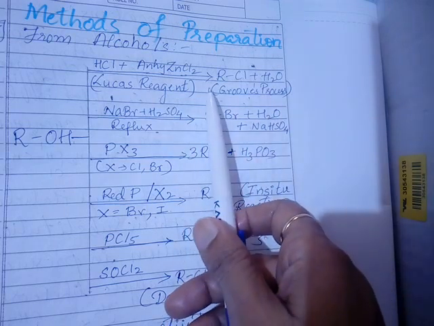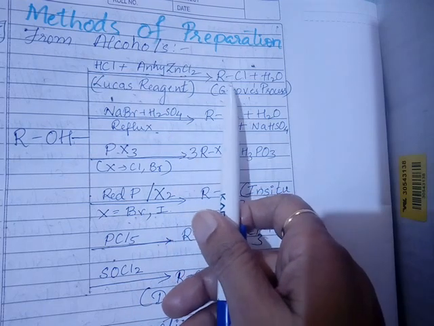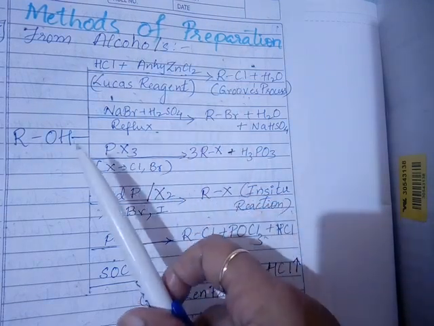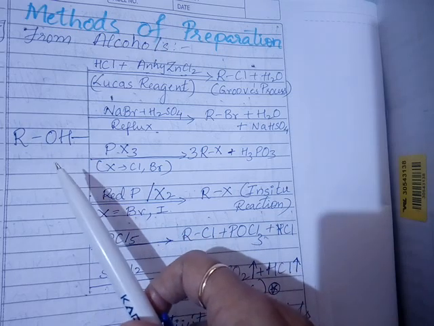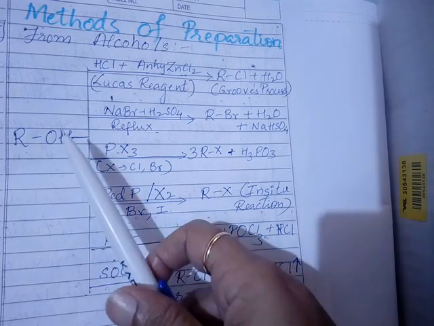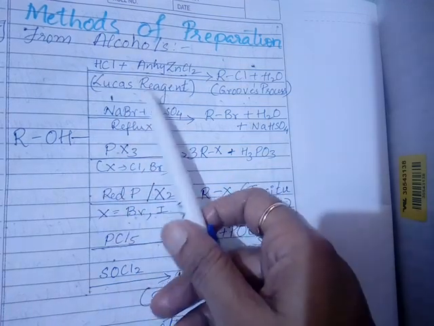So this is an important test. Here we are looking at the preparation of alkyl halide. The same reaction is used in the case of alcohols as well, where it acts as a test for the presence of alcohol.